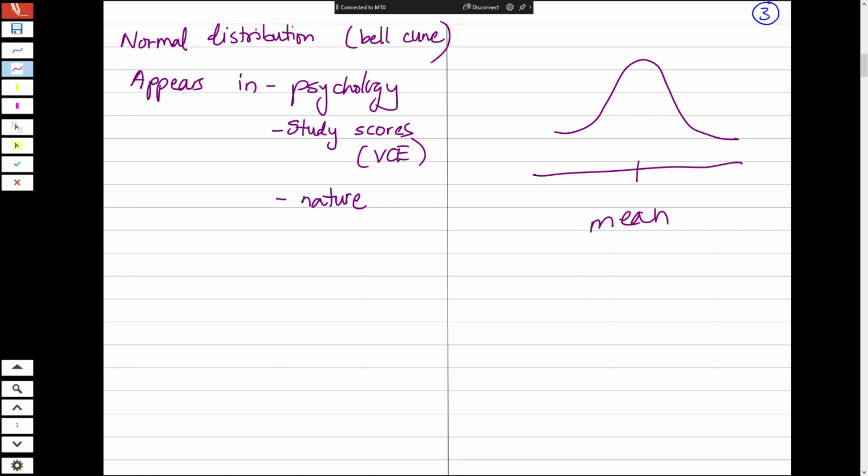If I measured how long your arm or your hand span was, you'd probably get a graph like this. If I measured your weight, now we're a bit sensitive about our weight sometimes, but you'd also get a graph that looks like this. Depending on where you go after school, you will probably see the normal distribution again. You'll probably hear it quoted.